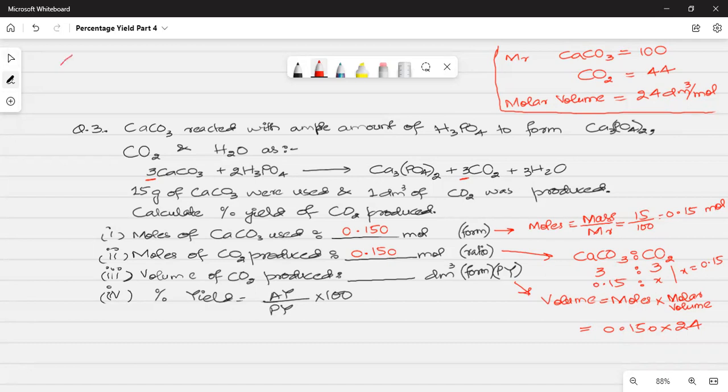Okay. I'm going to state it over here so that you don't have a problem understanding it. So this one is actual yield, and this one is predicted yield.